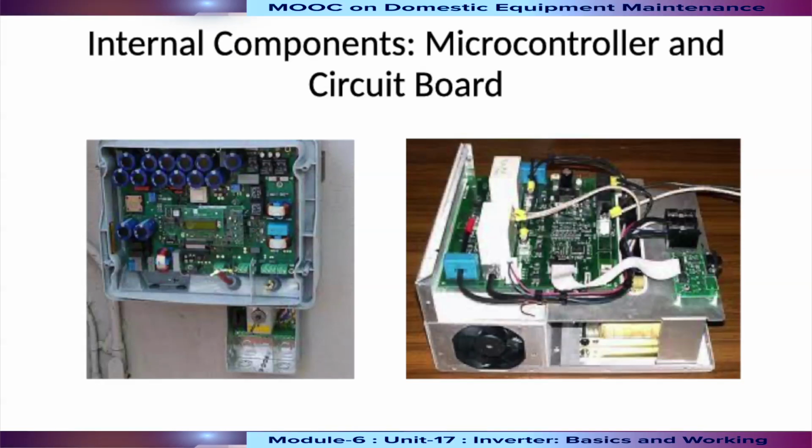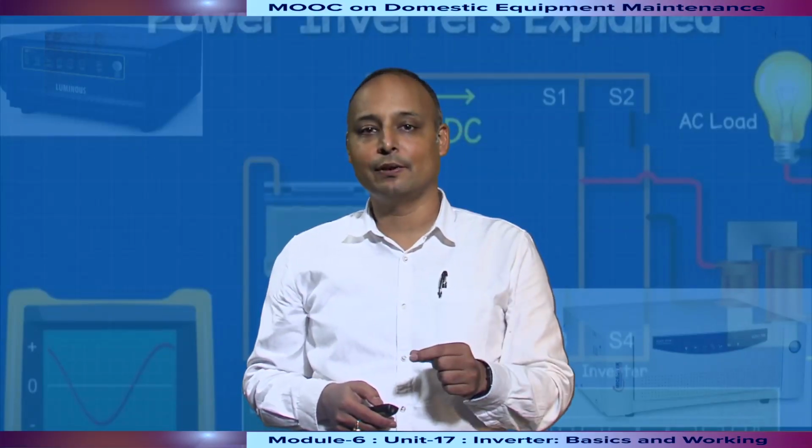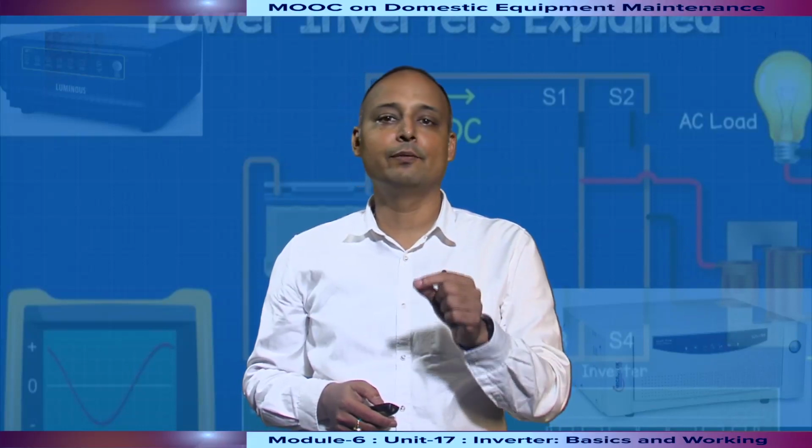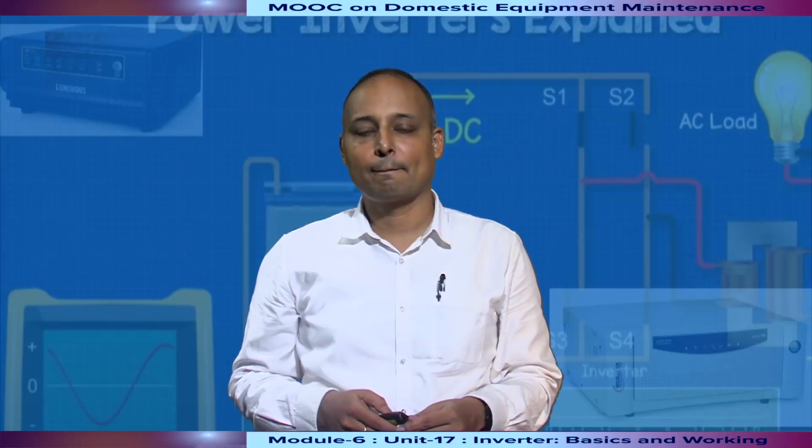It also manages the battery charging process, provides protection against overcharging, and prevents over-discharging of the batteries. The microcontroller is the brain of the inverter, and it ensures that the inverter operates smoothly and efficiently.